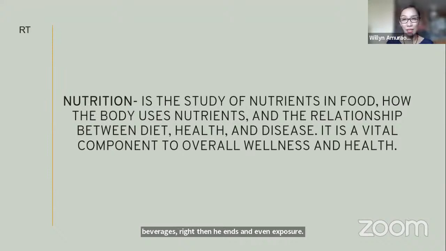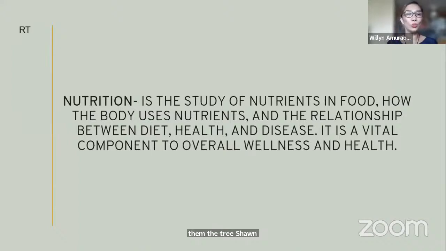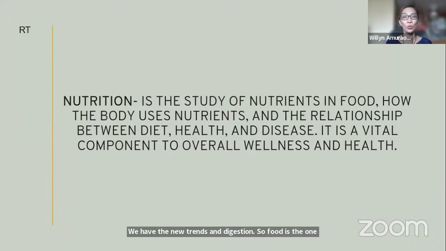So our body needs those nutrients. With the nutrients, we have the macronutrients and micronutrients. For nutrition, we have the food, we have the nutrients, and the digestion. Food is a substance that we ingest or eat that nourishes our body.